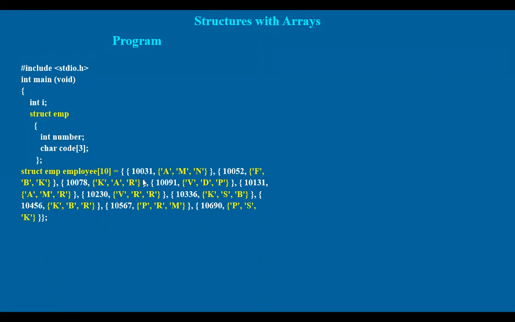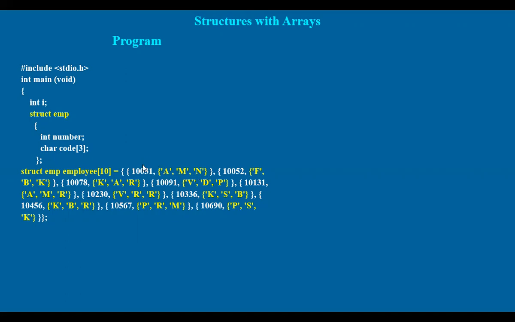Now, first the number is given, comma. This is a character array, and because it's an array, all the characters are provided within single quotes and within curly brackets. This second field, the code, is provided within curly brackets.